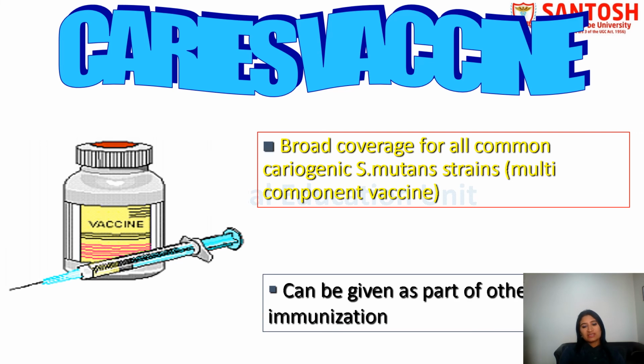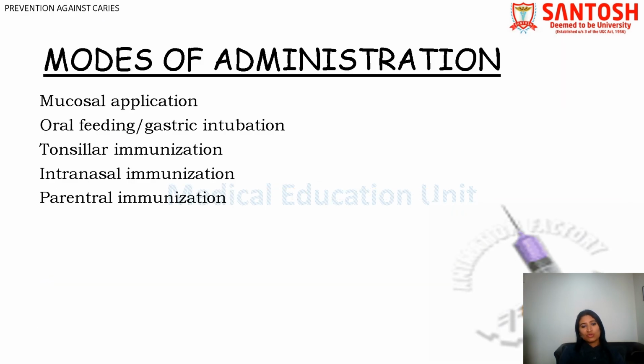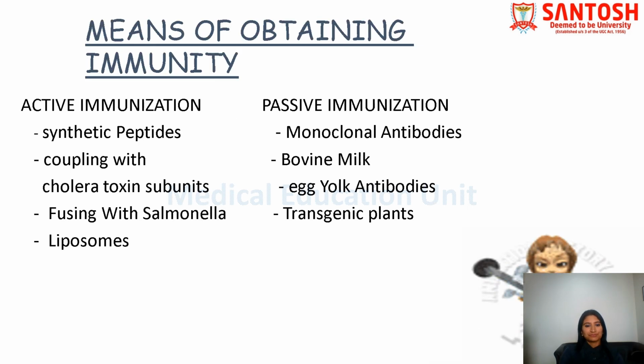It can also be given as a part of the immunization schedule. Modes of administration include mucosal application, oral feeding or gastric intubation, tonsillar immunization, intranasal immunization, and parenteral immunization. The way immunity is obtained by giving caries vaccine, it could be active immunization and passive immunization.